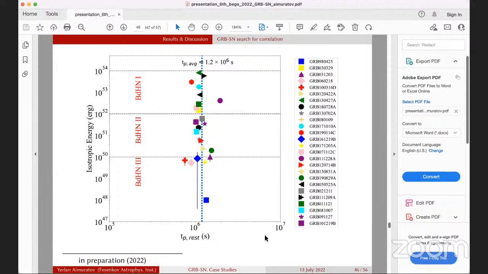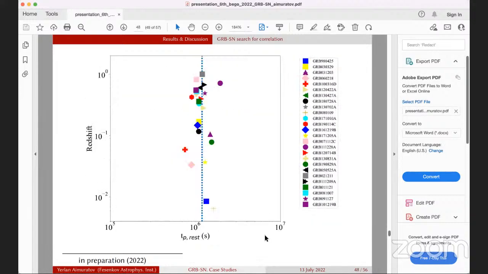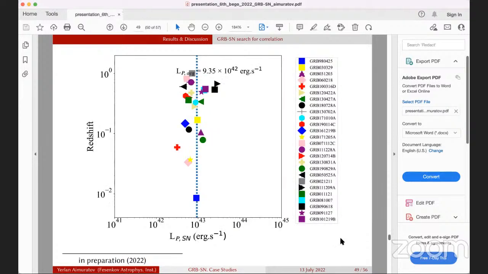One is the time of occurrence in the rest frame, and the other one is the luminosity, and they are practically constant.